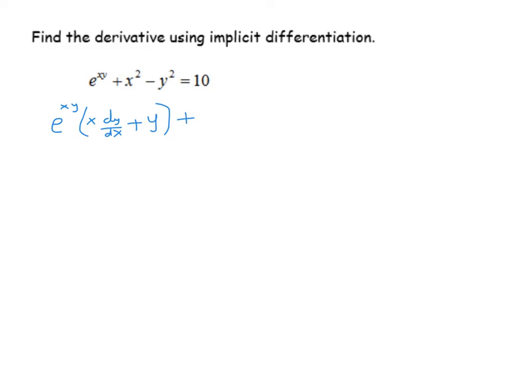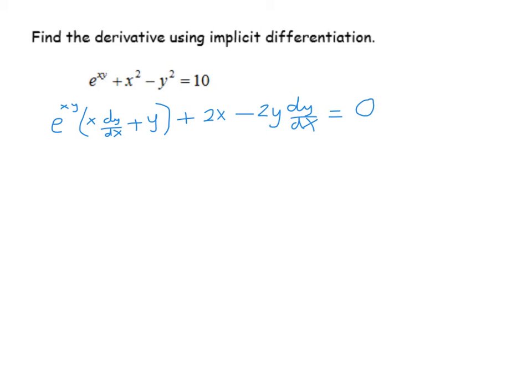Then I have the derivative of x squared is 2x. The derivative of y squared is 2y dy/dx. And then the derivative of 10 is just 0. So the goal is to get the dy/dx on one side and anything that's not dy/dx to the other.